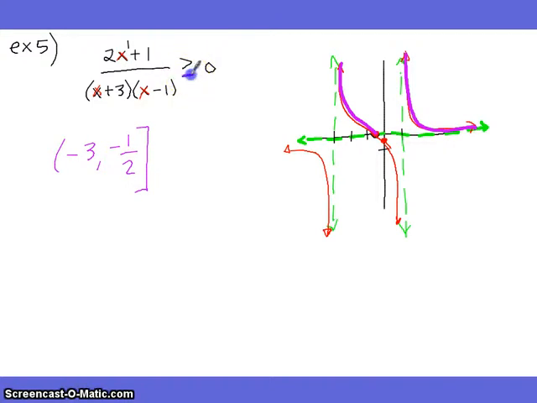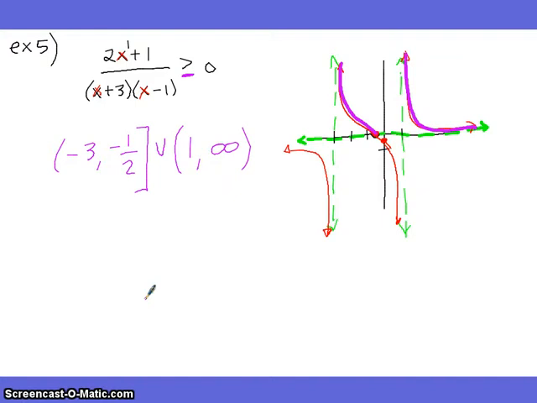So we're including it because this says greater than or equal to. And then we're also going to be able to plug in x values from 1 to infinity that result in positive y values. So this here is our solution for this particular problem. Okay? Are we good on that?